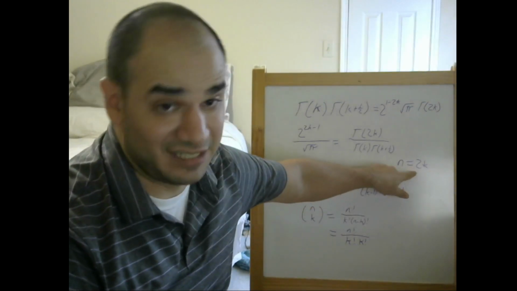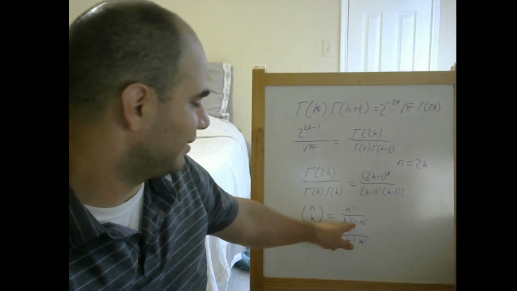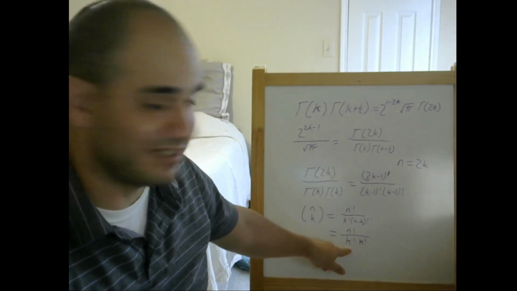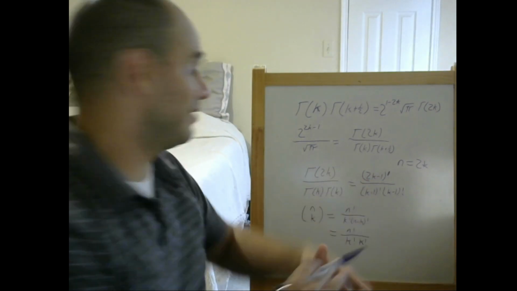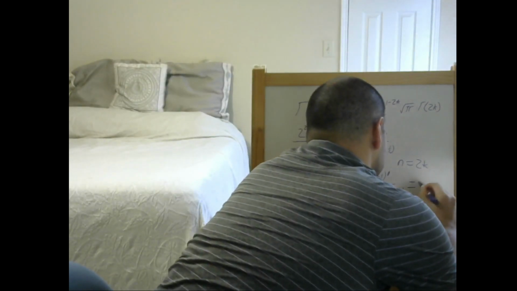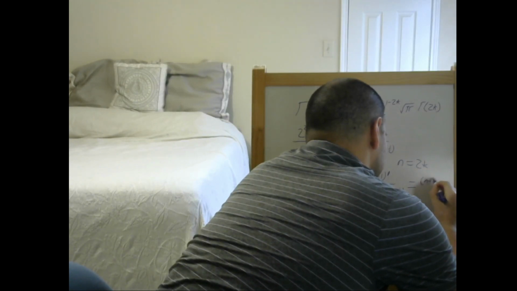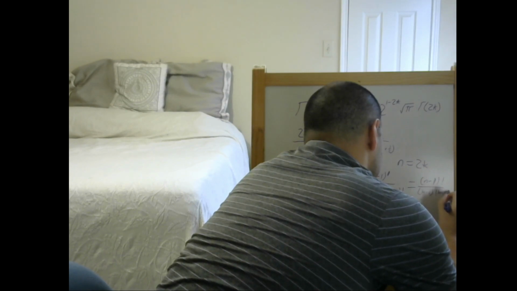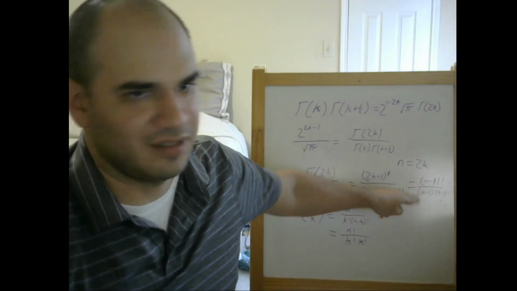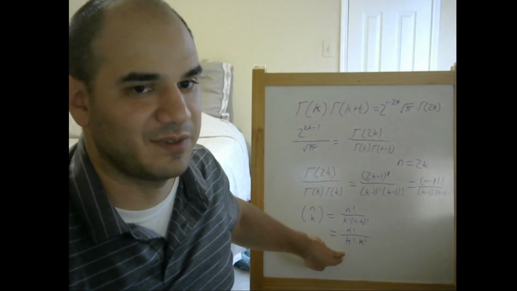But in the case that n is 2k, then this is 2k minus k, when you get k factorial times k factorial on the denominator. Right? And so up here, that would be, so this is very nearly the combinatorics function.